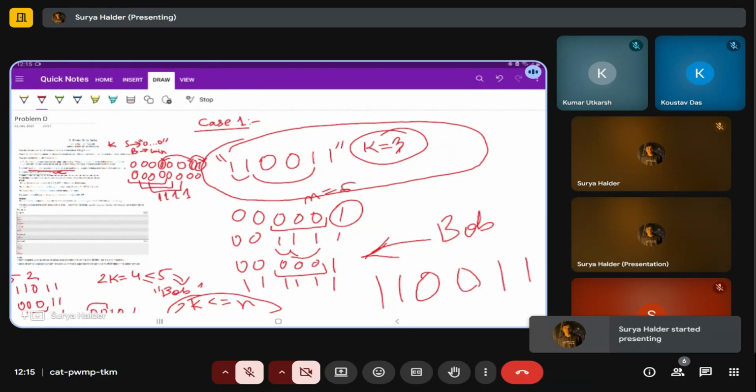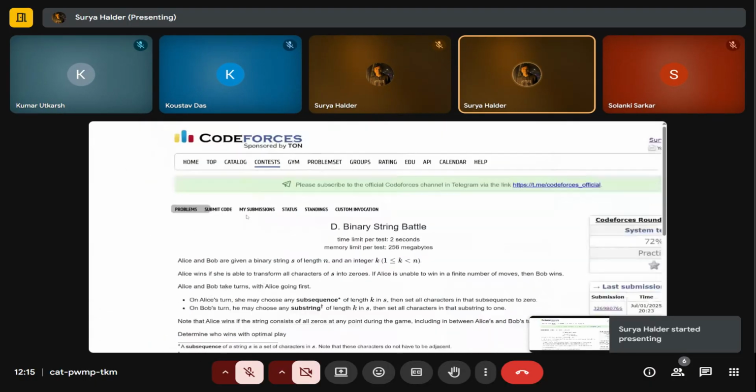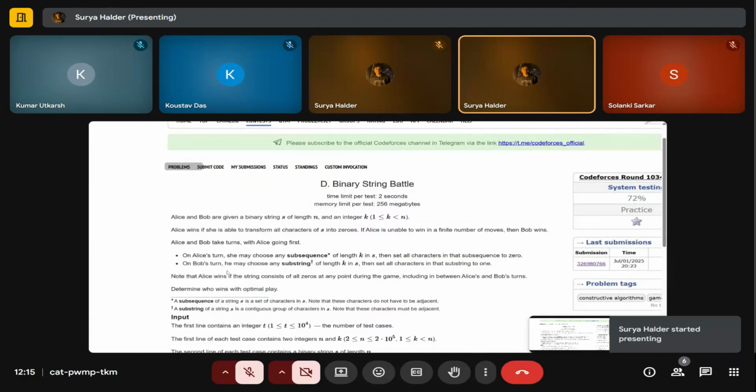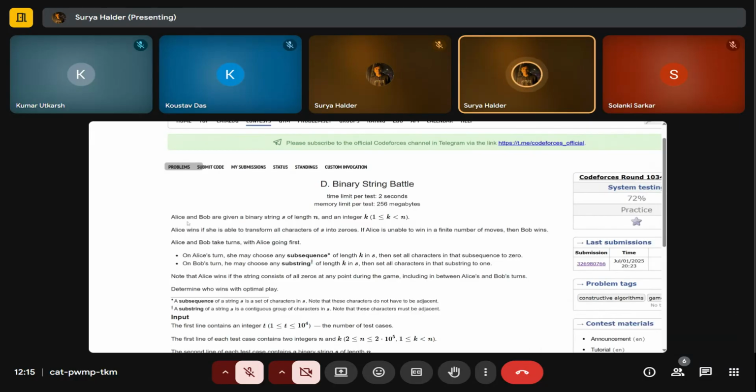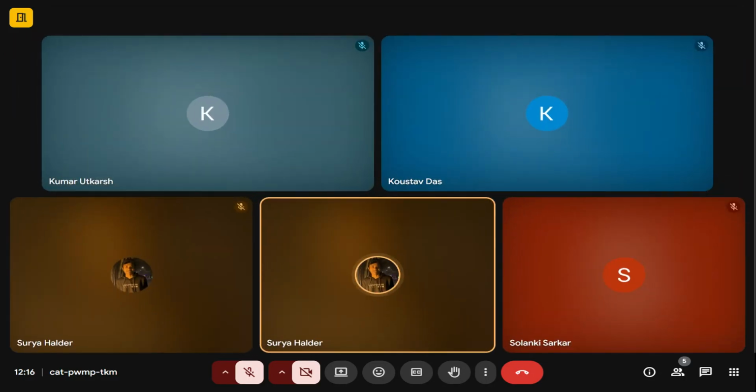See, it is mentioned in the question: if Alice is unable to win in a finite number of moves, then Bob wins. Means if the game goes on infinitely, automatically Bob will win. Yes. So is the case 2 logic clear? Yes, Bob can make infinite moves.